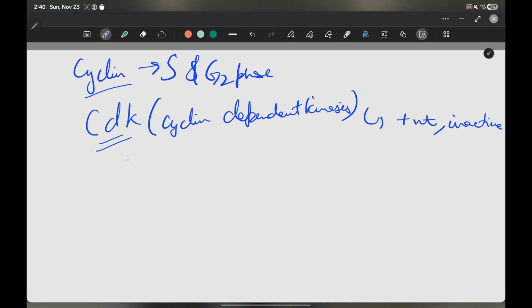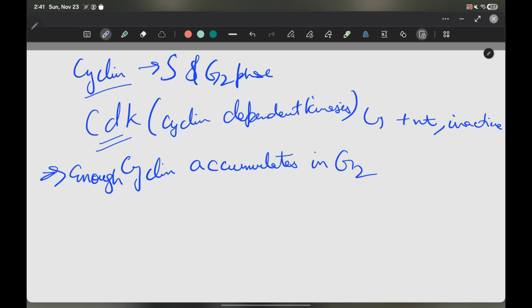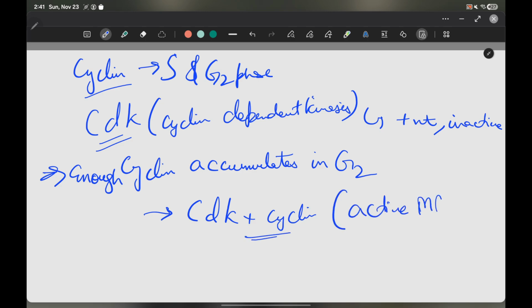Now, when enough cyclin accumulates in G2, it binds to CDK, and cyclin plus CDK form an active MPF complex.